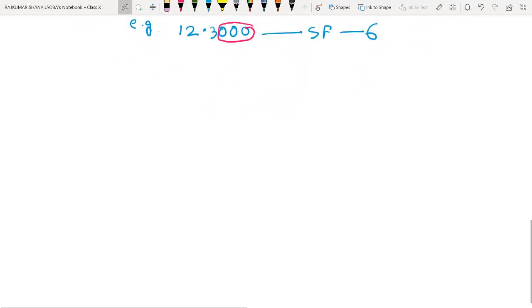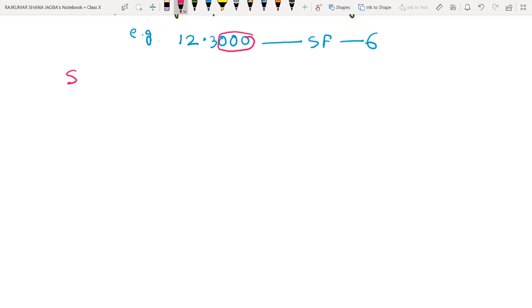Now, significant figures in algebraic operations.